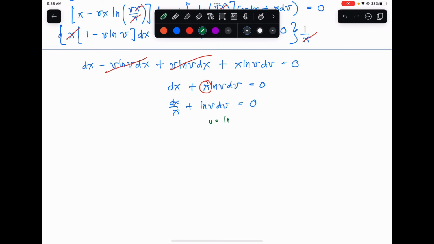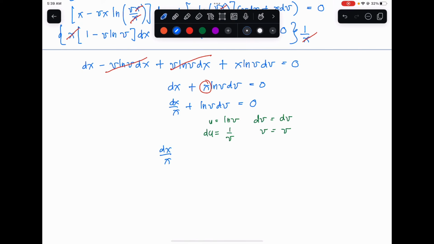Our u will be ln v, and our dv is dv. Then our du here would be 1 over v, and our v is v.